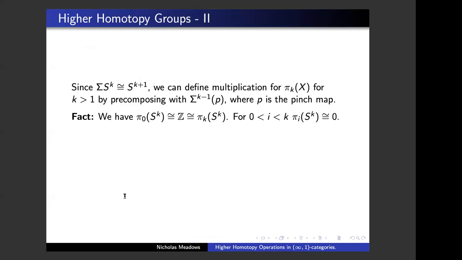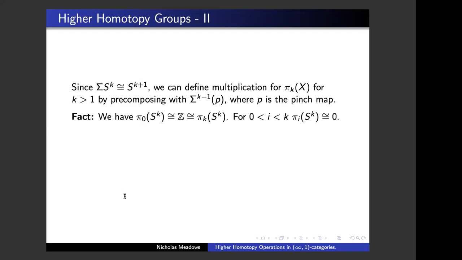So in fact, we have pi 0 of S^k is isomorphic to the integers, which is isomorphic to pi k of S^k. And actually the generator of pi k of S^k is obtained by applying suspension k minus 1 times to the generator of pi 1 of S^1, which is just the loop that goes around S^1 once.